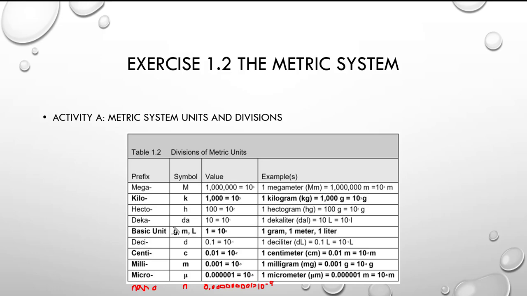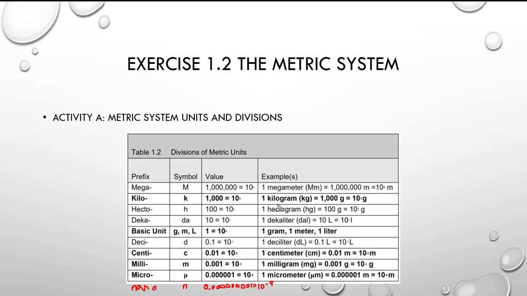All right, so our base unit, if you notice here, we have 3 types of base units. We have grams, meters, and liters. Those are the 3 types that we use for measuring things. If we're measuring weight, it would be grams. If we're measuring length, we would be using meters. And if we're measuring volume, it would be liters.